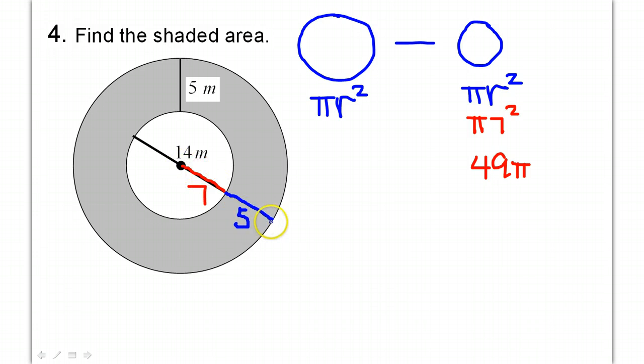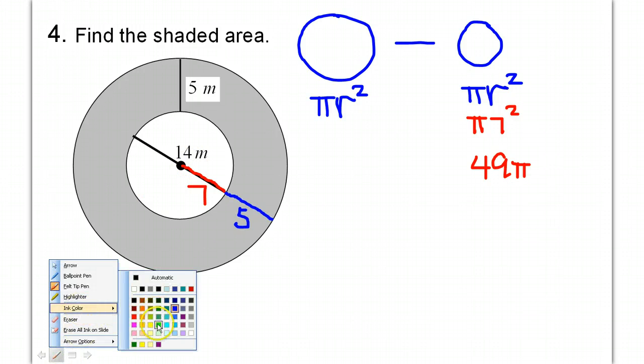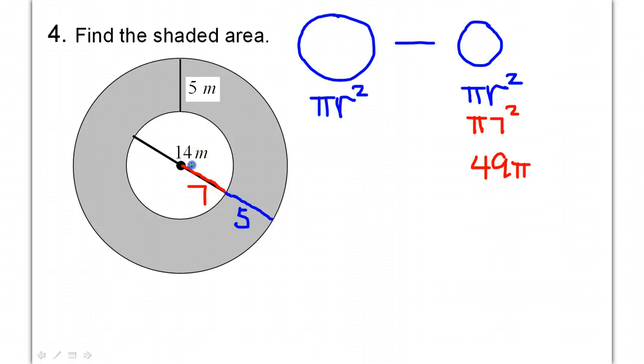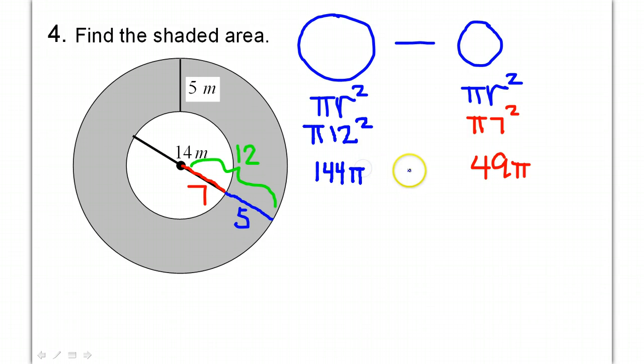So of course, what is the length of the radius of the big circle? That's 12. Okay, so the radius of the big circle is 12. That makes this pi times 12 squared, which is 144 pi. And as we said, we're just going to subtract these two.